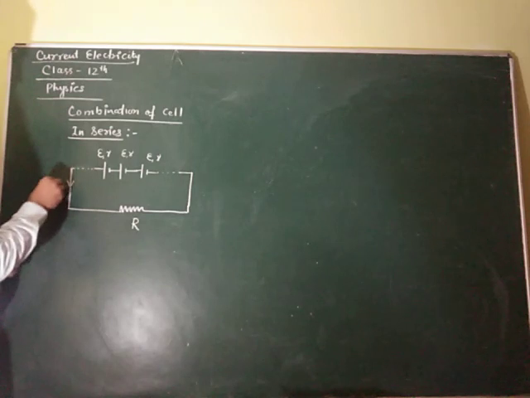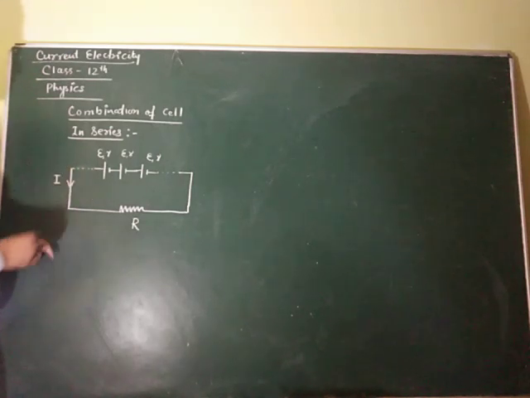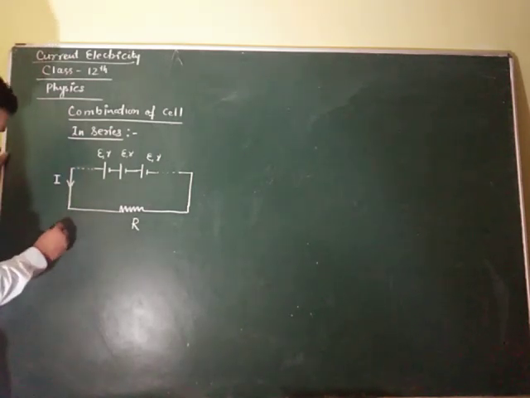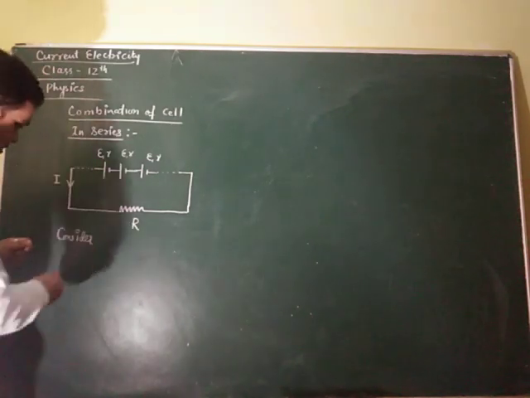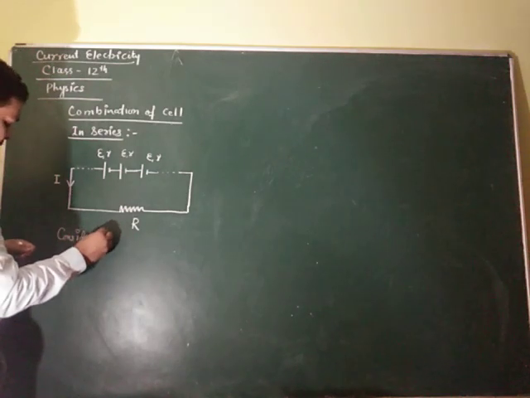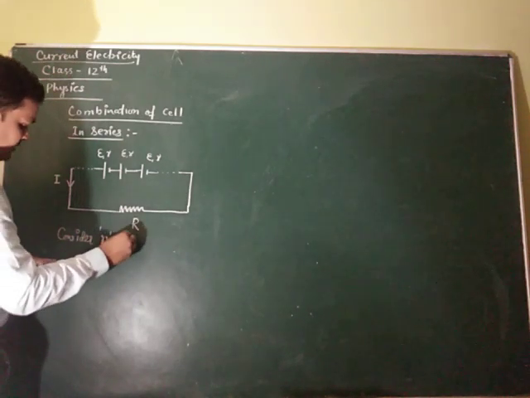And if I is the current in the circuit, now we will derive the equation. Consider n cells.